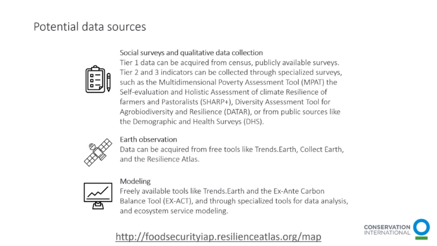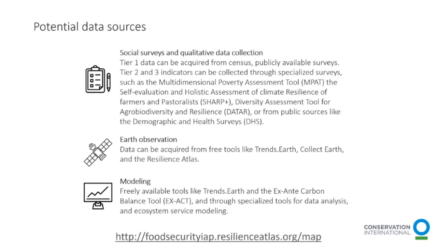There are also public sources like the Demographic and Health Surveys that may be useful depending on where a project is located. The DHS is a survey focused on developing countries that has data available across a broad number of countries in sub-Saharan Africa.